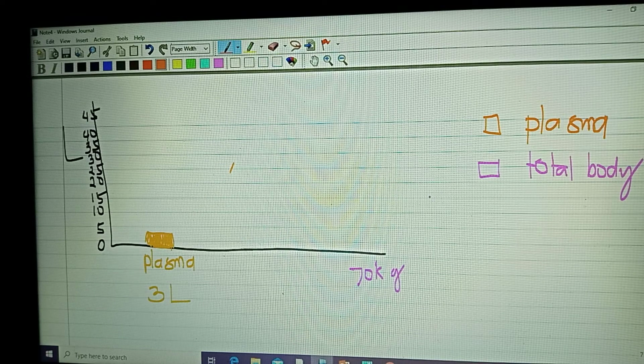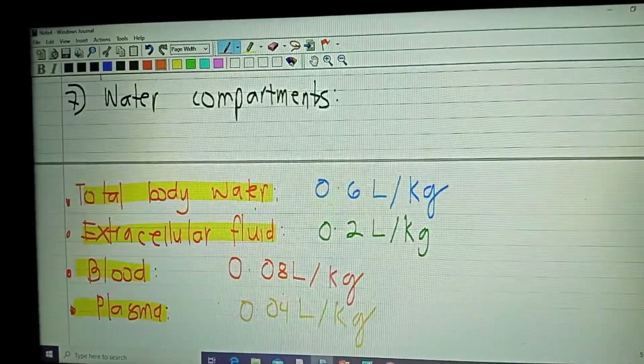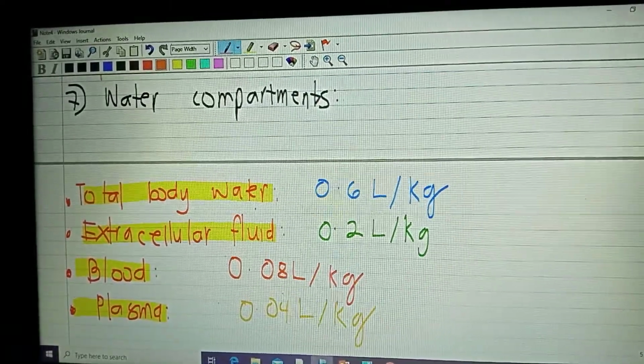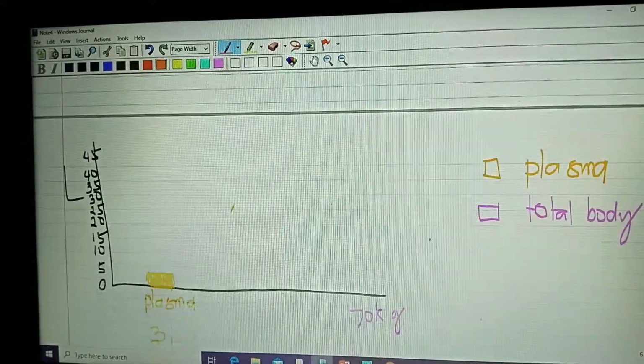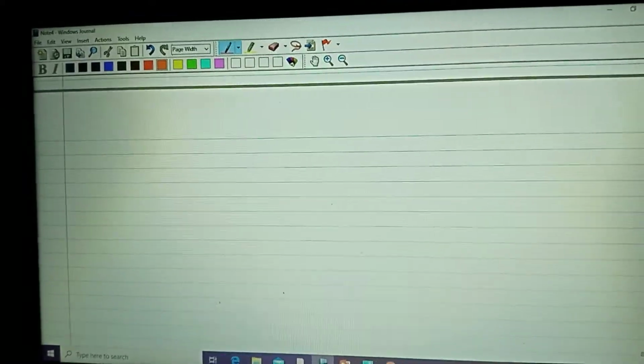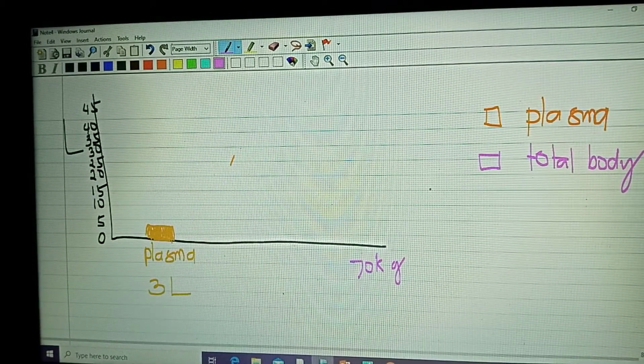How about, sir, the total body? Okay, the total body. Balikan natin yan, class. Ilang percent ba yung total body water po natin? It's 0.6. Kapag tinimes mo yan sa 70 kilogram, papatak yan sa, oops, baka sumobra tayo.